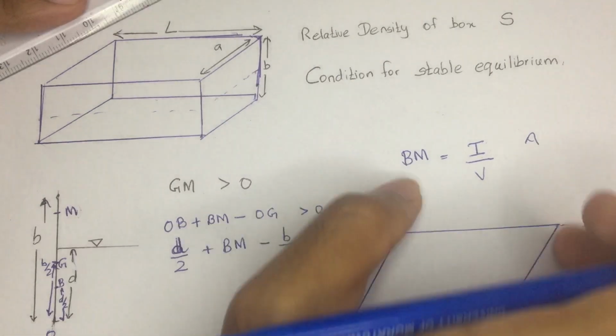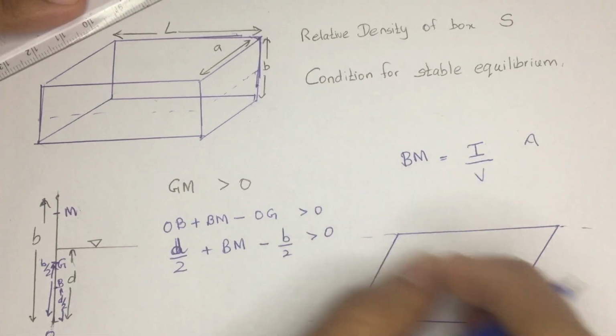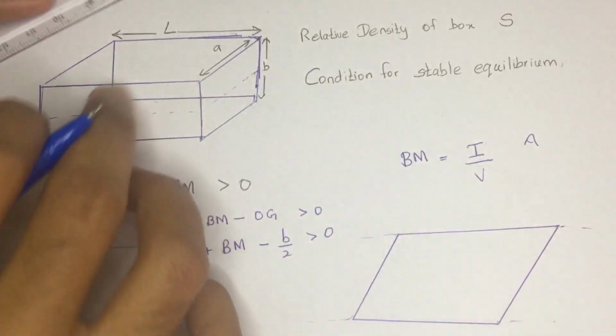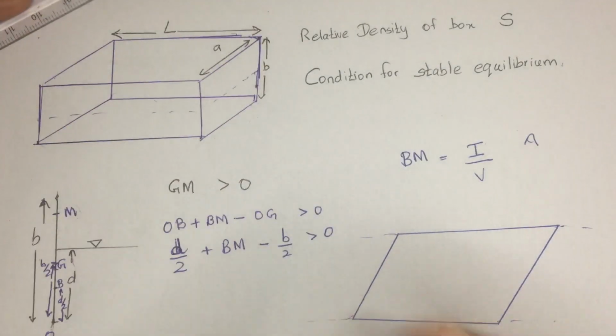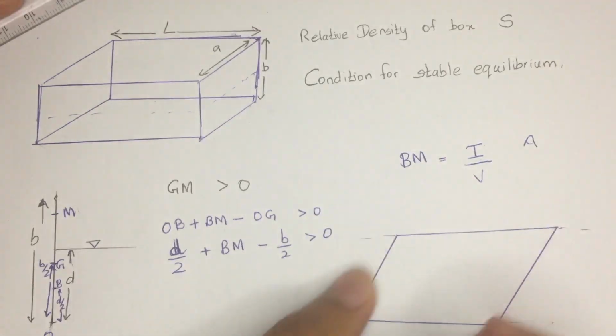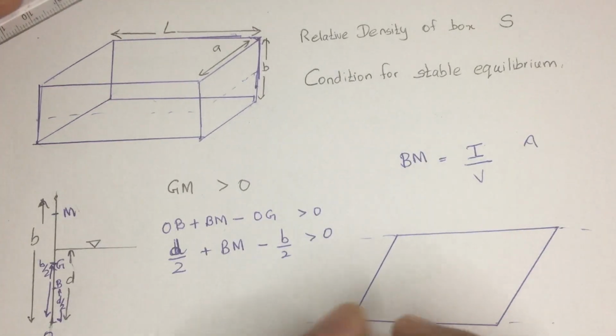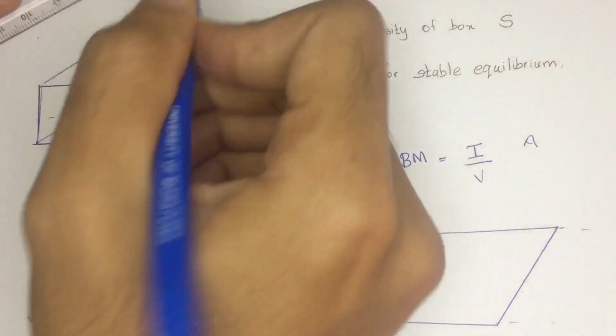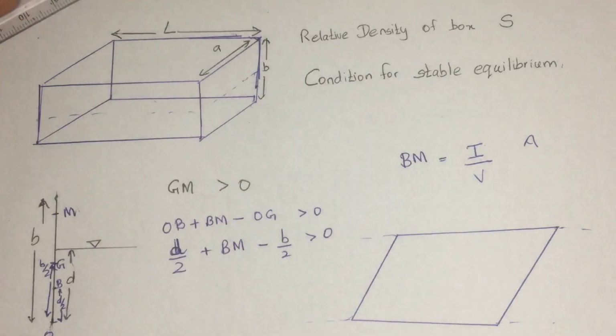I have drawn it sideways, it doesn't matter. I tried to draw it in a 3D image, that's why it looks like a parallelogram. The thing is, it's a real rectangle. When you see it from upwards, it's going to be a rectangle.